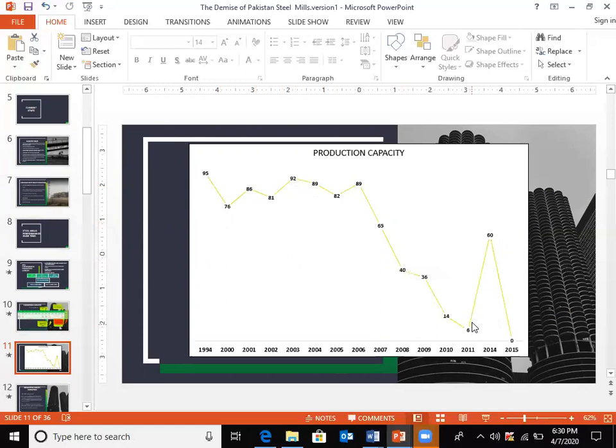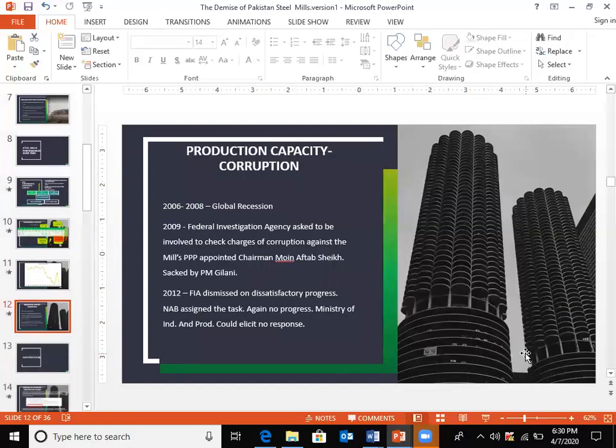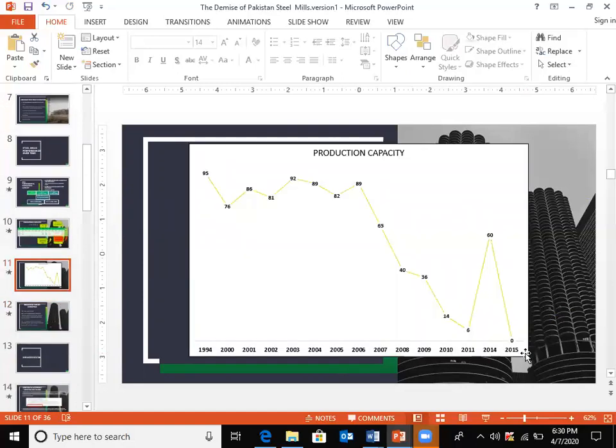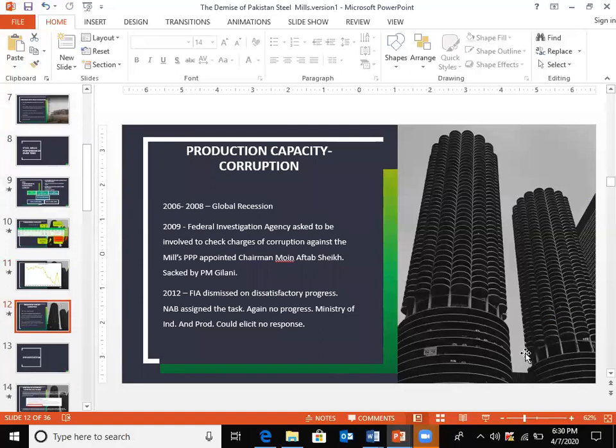Then a sudden sharp increase, and then down all the way to zero. And it has remained at zero since then. Again, this is something that should not have been happening. And as we go on, we'll be exploring the reasons as to why all of this has happened.